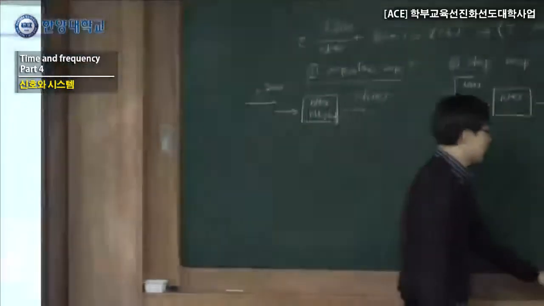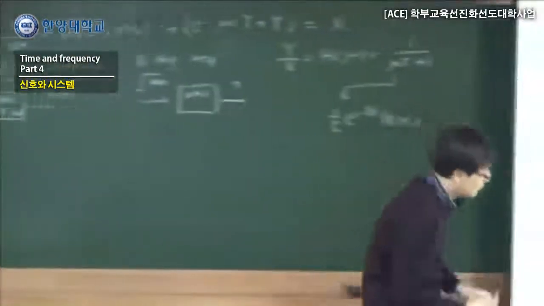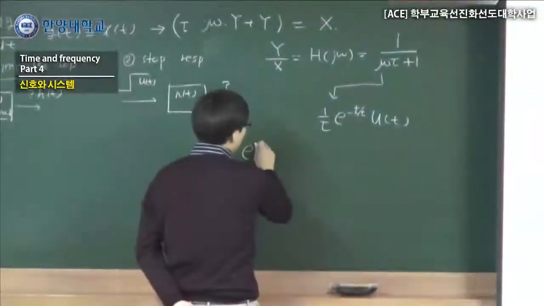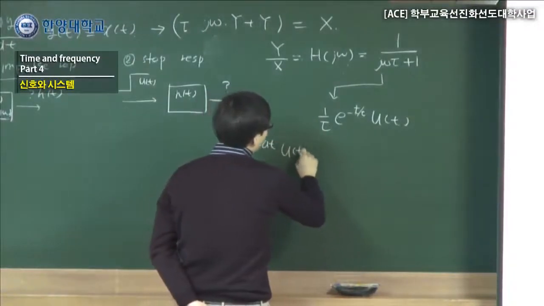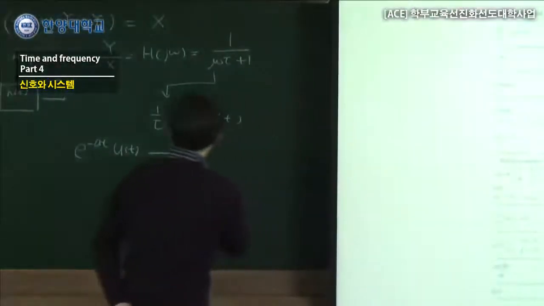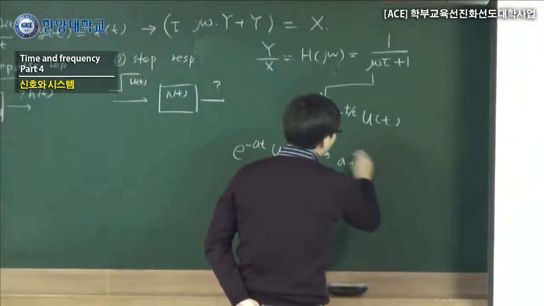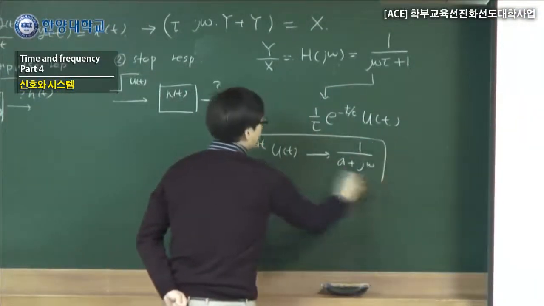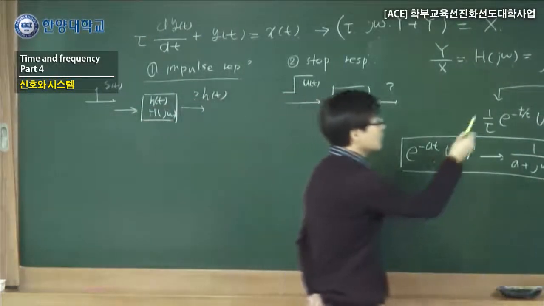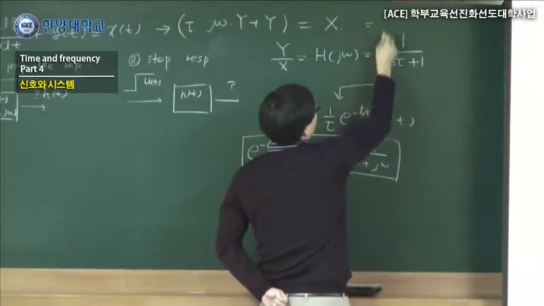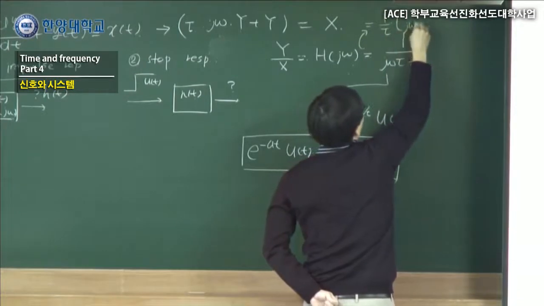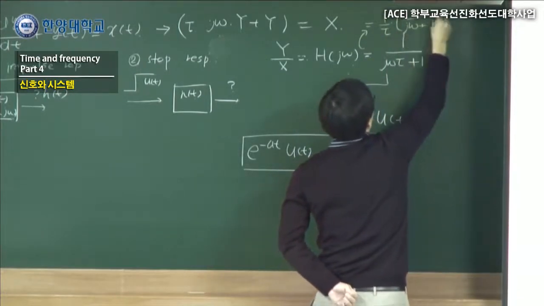So if you remember the Fourier transform, if you have e to the minus at u(t), it becomes 1 over a plus j omega. That's our basic principle. So in here, we change this one to be 1 over tau, times 1 over j omega plus 1 divided by tau.